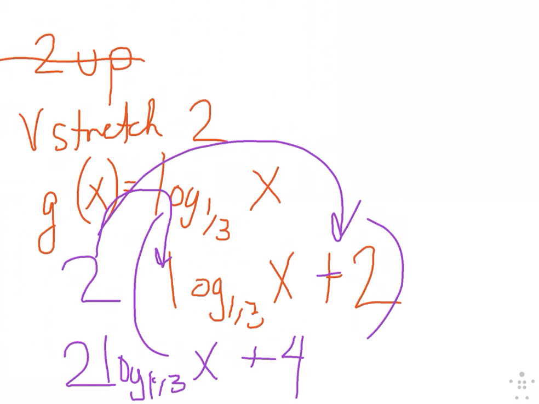The 2 does not distribute into the x, just so that you guys know. It distributes into all this. This is one big giant number. Okay, this is like saying one big y. So it'd be 2y plus 4. Okay, that's how it kind of works out. So it does not distribute inside the log, it just distributes into the front of the log.